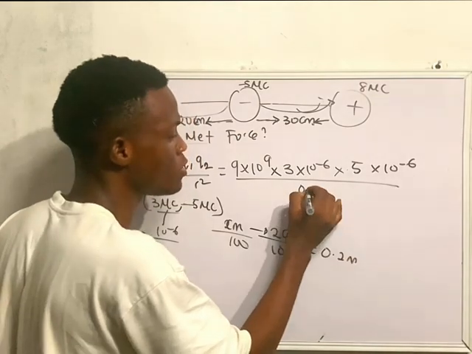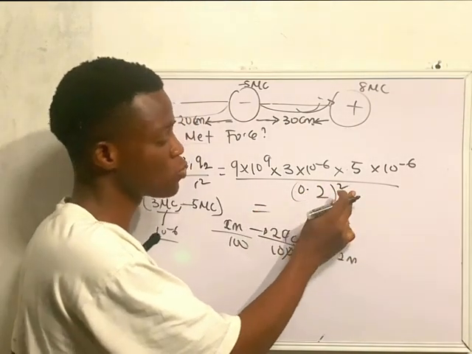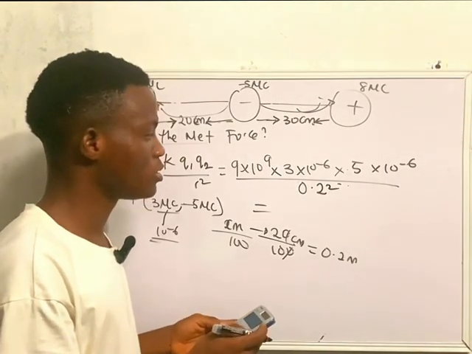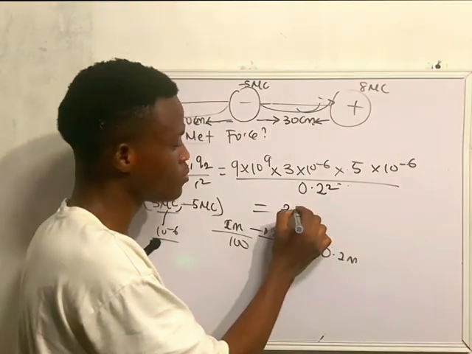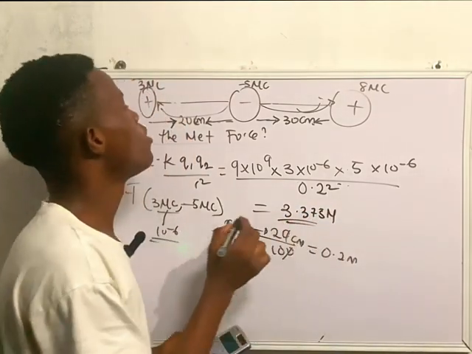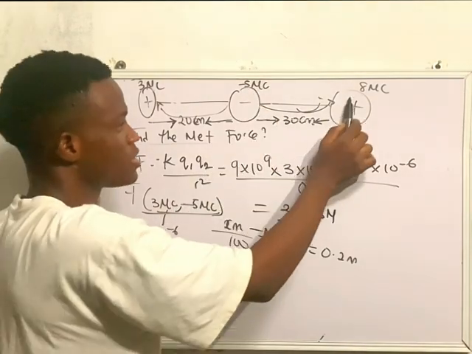Now 0.2 squared, so our answer for this one is 3.375 Newton.